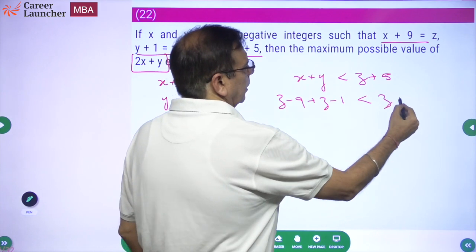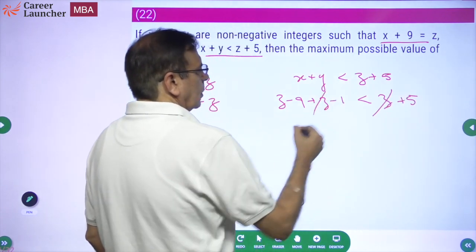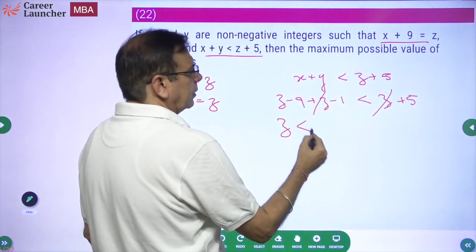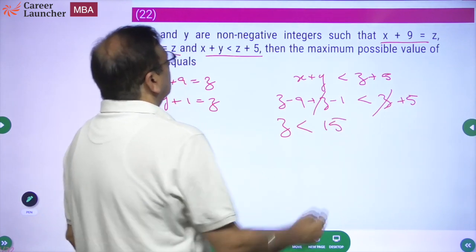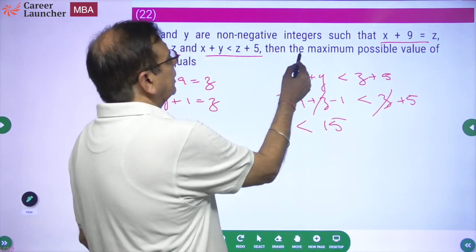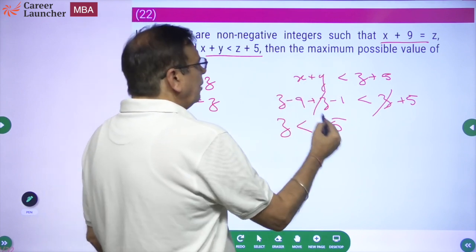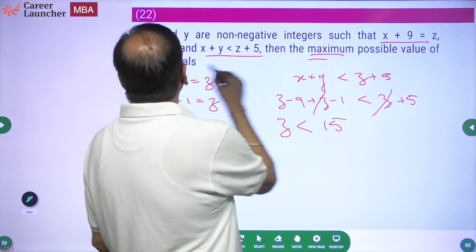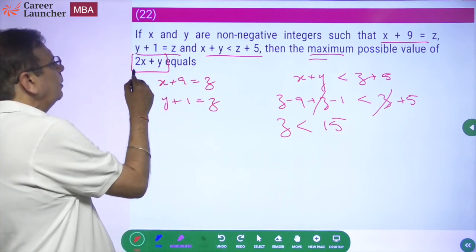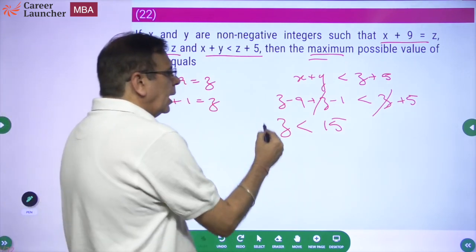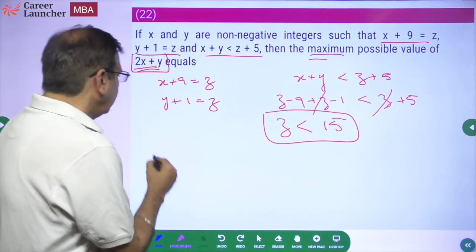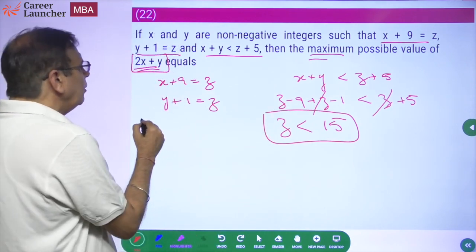Has to be less than z plus 5. So z has to be less than 15. Now we say x, y are non-negative integers, etc., etc. That means z is also an integer. That means z can be 14. To get the maximum possible value of 2x plus y, I need the maximum possible value of z. So the maximum possible value of z will be 14.